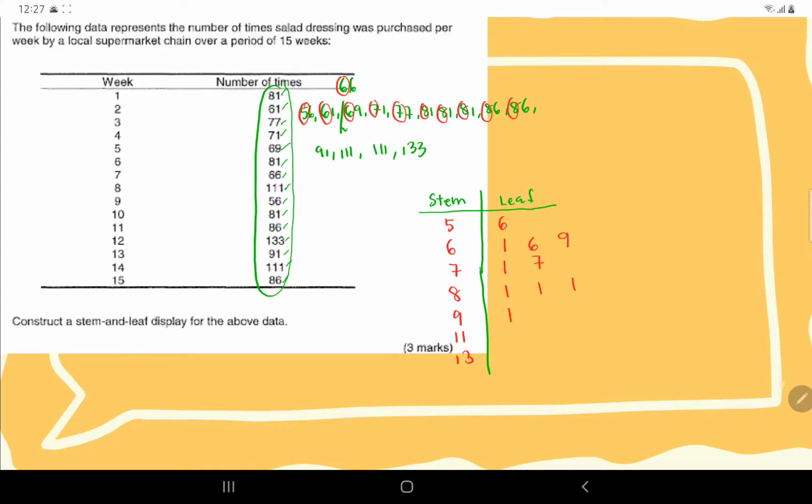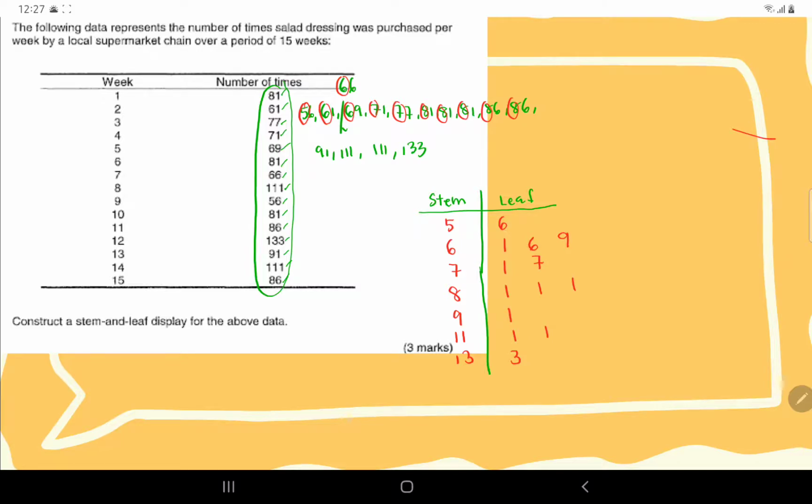And then for 11 paired with 1, 111 and 111. And then the last one is 133, it means that 13 paired with 3. This is the form of our stem and leaf plot.